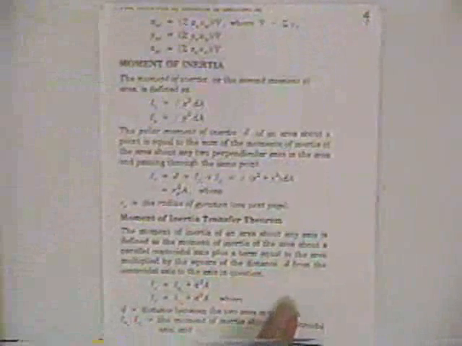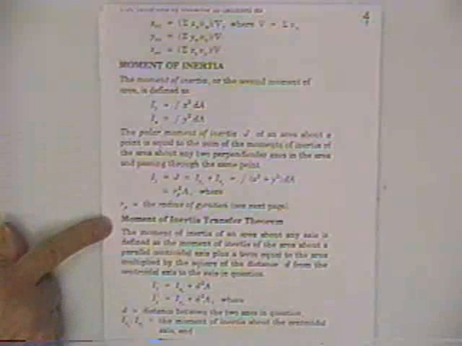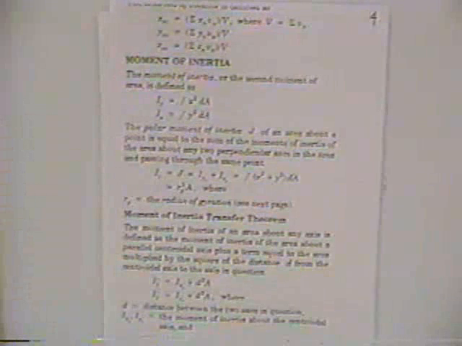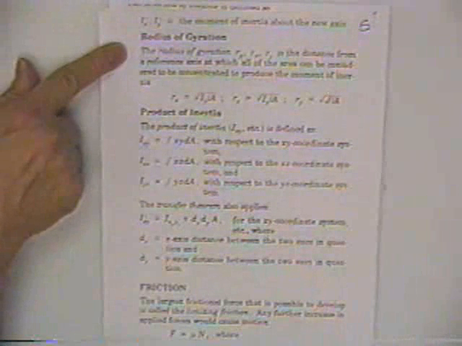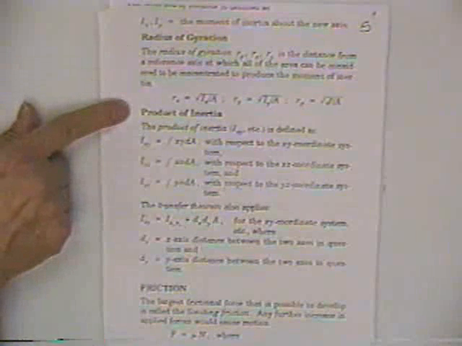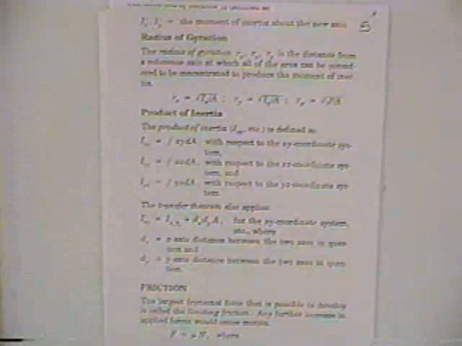Information on moments of inertia. You see some of this duplicated because when I blew it up it got a little larger. And moment of inertia, transfer theorem, again part of your moment of inertia equation. They hint that they may indeed ask you information on how to find a radius of gyration used in column buckling work, how to find a product moment of inertia, back in more traditional statics, friction.